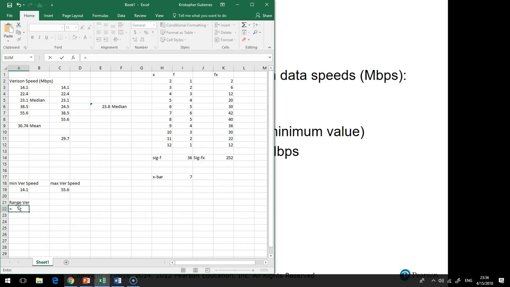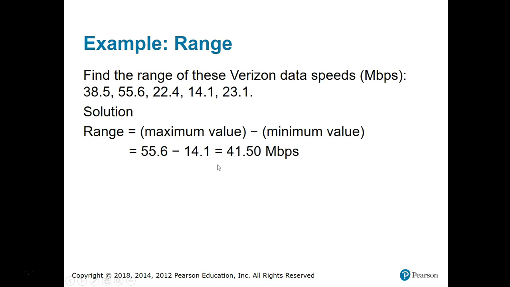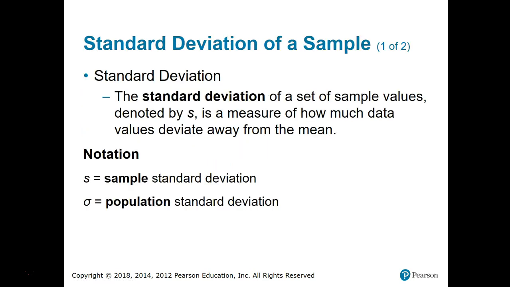I'm going to say equal to the maximum of this data, minus the minimum of this data. So we can use multiple functions all together. And that'll give us 41.5 megabits per second. All right, so that's the range.